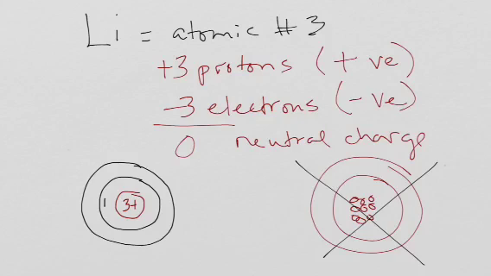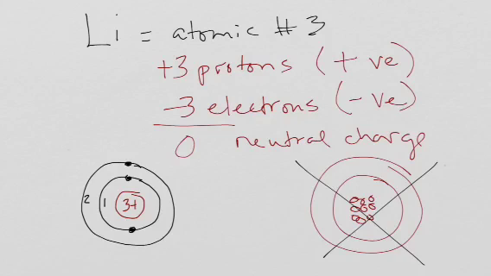So if I remember that I've got to place 3 electrons, and I place one of them here and one of them here, my first shell is maxed out. I cannot put any more electrons there. So that last electron, lithium's third electron, has to go out onto the second electron shell.